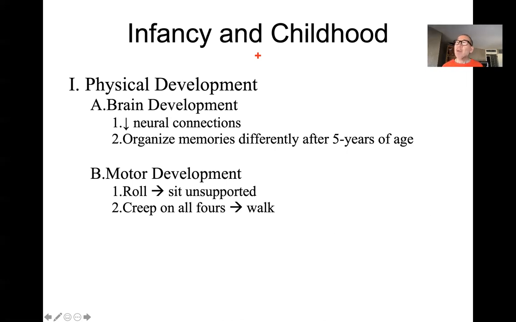Because of that, prior to age 2, for most of us, a lot of our memories and information was stored pre-verbally. So for most of us, it's hard to access any memories prior to age 2. Most people honestly can't.